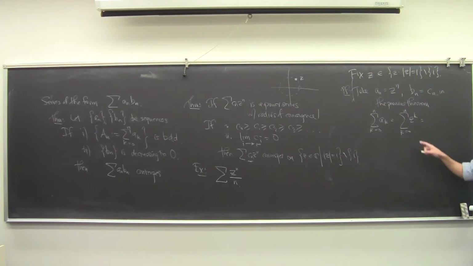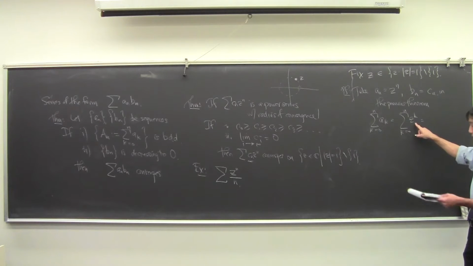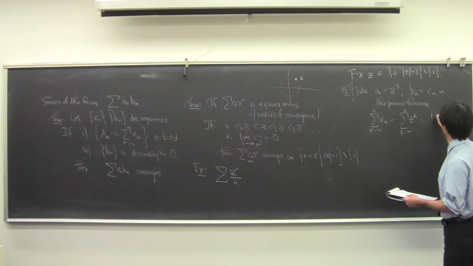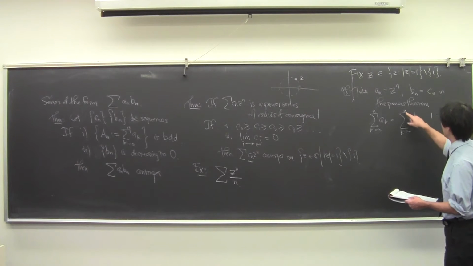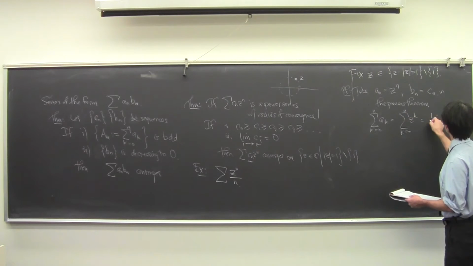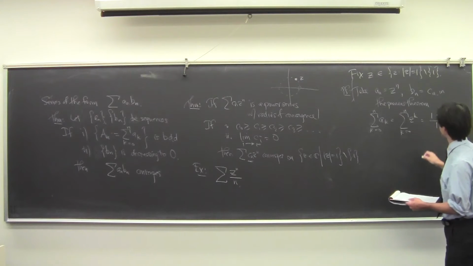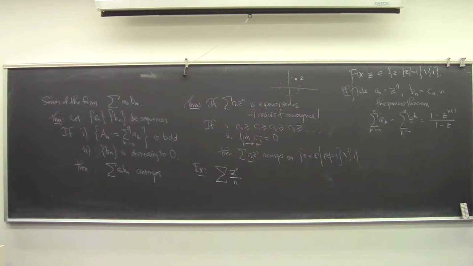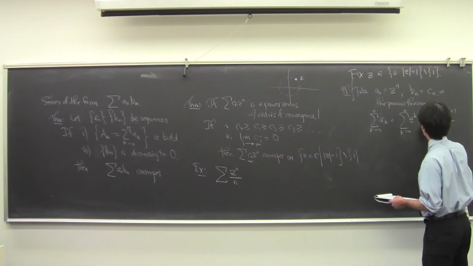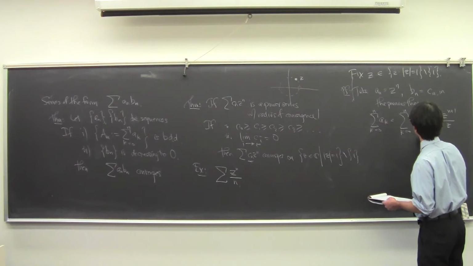You recognize this, right? This is a geometric series. And if you remember, if you take the sum of a geometric series up to the nth term, you get 1 minus z to the n plus 1 over 1 minus z. Okay, this is just the sum of the geometric series.